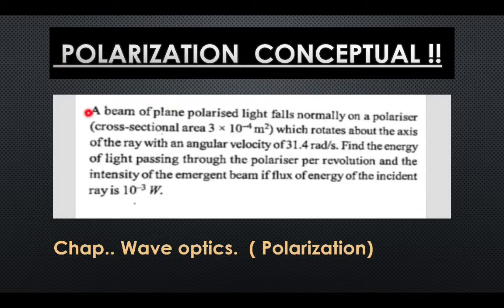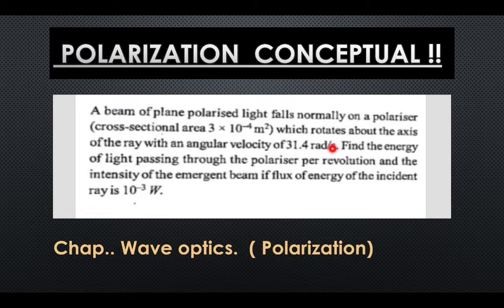Okay, so the question reads: a beam of plane polarized light falls normally on a polarizer. The cross section of the polarizer is given as 3 into 10 to the power minus 4 meter square. The polarizer rotates about the axis of the rays with an angular velocity of 31.4 radians per second.